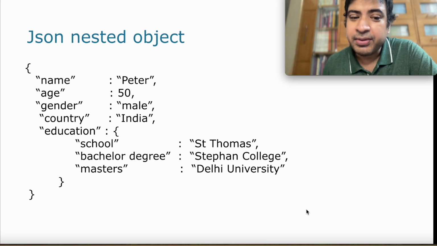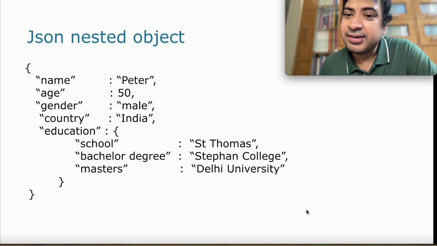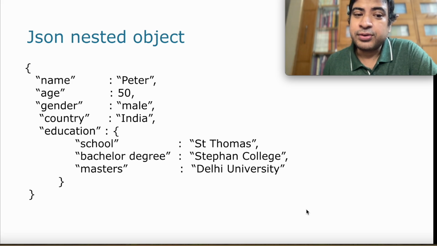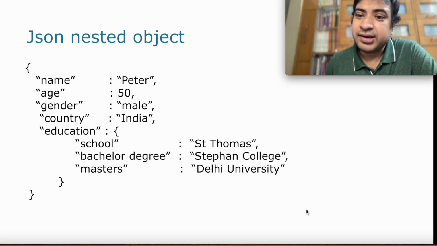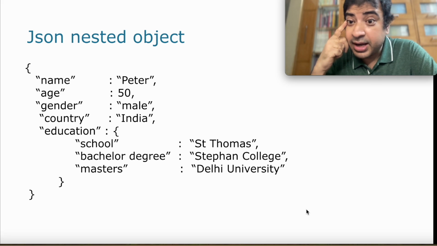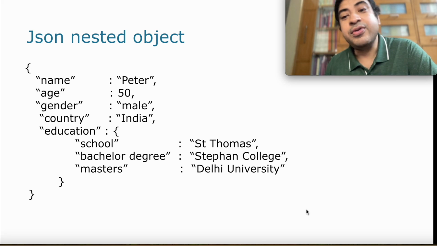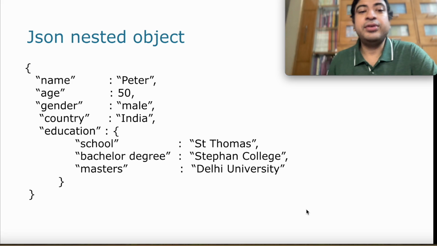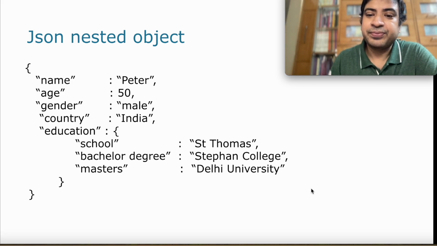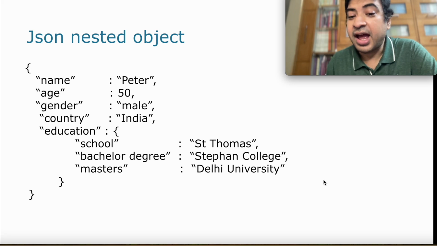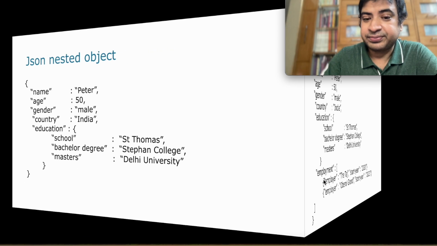And each of them can come basically as a key value pair. So here we can see that within a JSON, for the property named education, we have the value also as a JSON. So it's a nested JSON. And it's a very common scenario for our real life JSON.